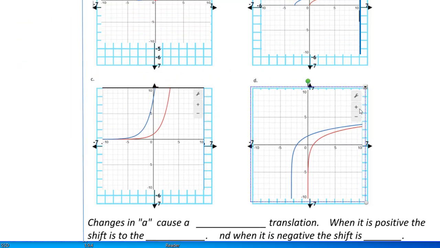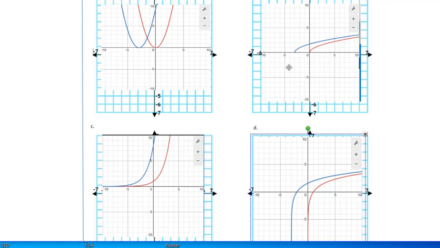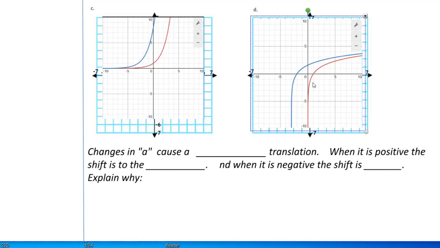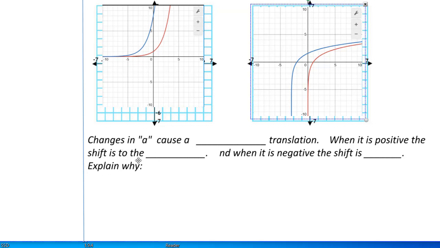Now notice that the blues are always on the left, and I made a +3. So let's answer the question. Changes in a cause a horizontal change this time. I'm just going to write that with my pen. Horizontal translation.